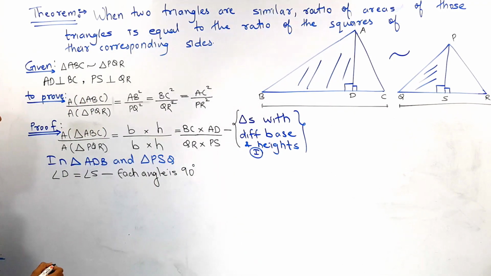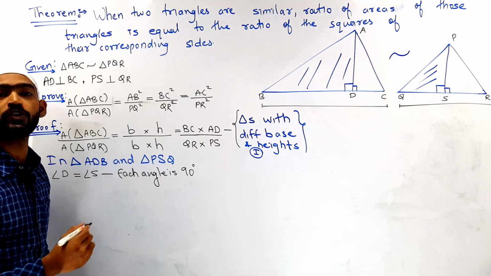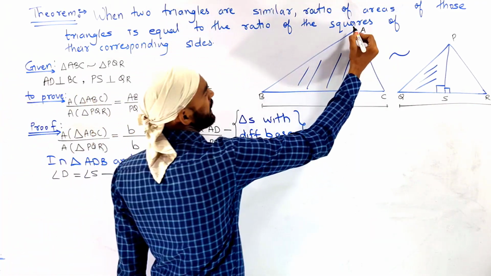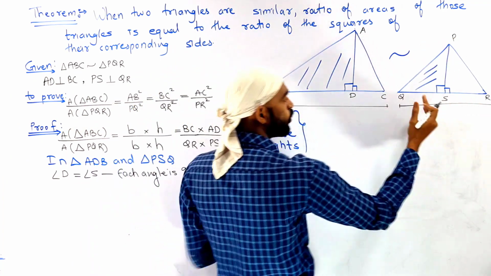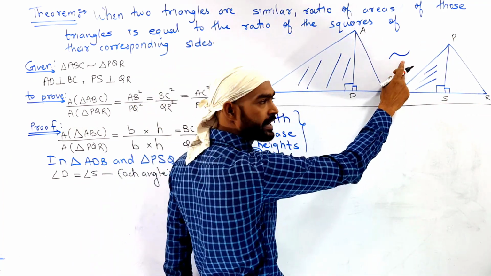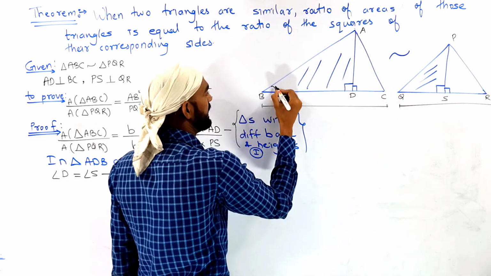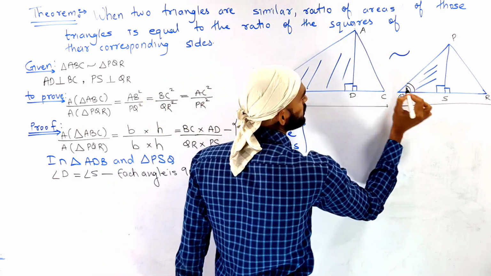Clear, students? Now next one. We know that triangle ABC and the larger triangle PQR, both the larger triangles are similar. Similar means their angles are also equal.